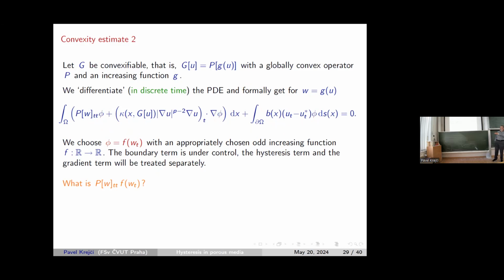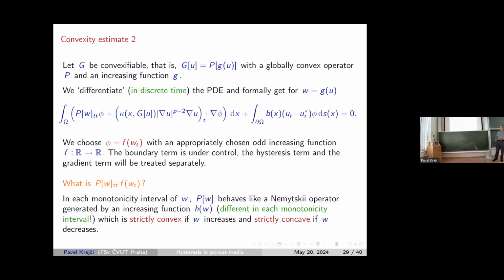Now, let us start with the hysteresis. P is a convex operator, and we test it with f of w. P, w is G of u, right? Now, in each monotonicity interval of the input w, the operator P behaves like a Nemytskii operator generated by an increasing function h of w.